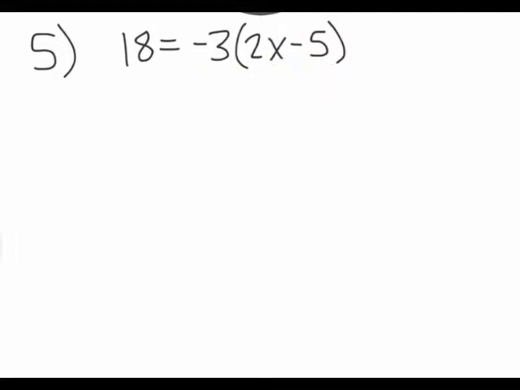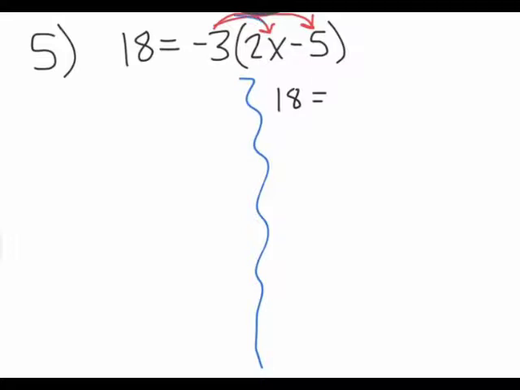Now, there's actually two different ways that we can approach this equation. One way is to begin by distributing the negative 3. That way we get rid of the parentheses. So this would become 18 equals negative 3 times 2x is negative 6x, and then negative 3 times negative 5 is positive 15.